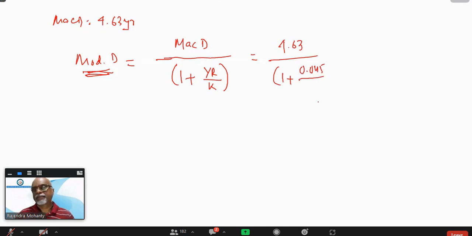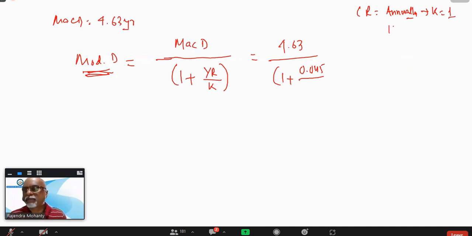Now what is K? In the question we have seen that the coupon rate is payable annually. When the coupon is payable annually, it means every year we are getting 4% of that 1,000, so 40 rupees. So if the coupon is paid annually, then K becomes 1.